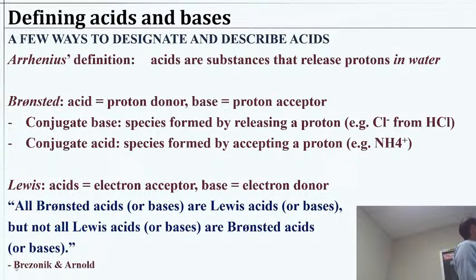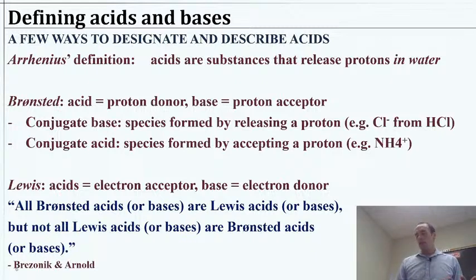Other definitions that have come later have broadened that and said, well, it doesn't have to be in water. It could just be a proton donor somewhere else. So it's a good definition and, of course, relevant for what we do here. But we could go further and say, well, what about a Bronsted acid being any generic proton donor? And then that would mean a Bronsted base would be a proton acceptor.